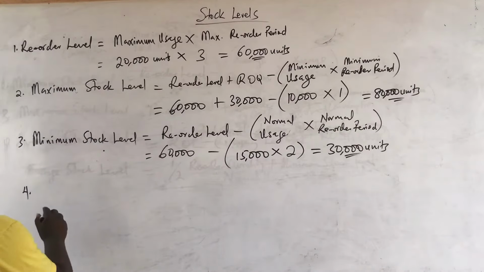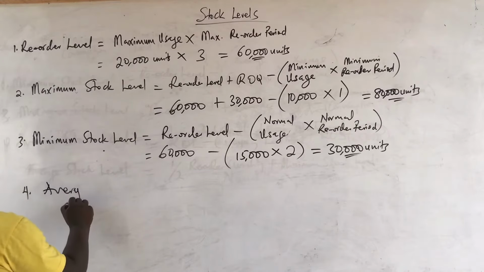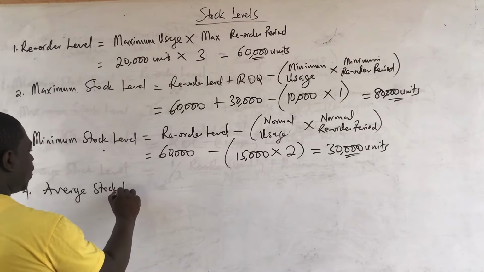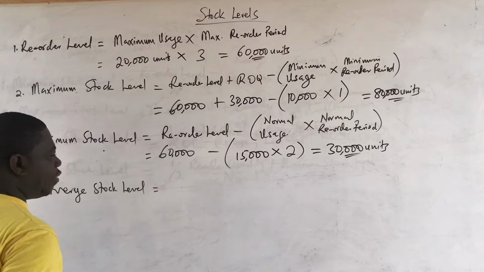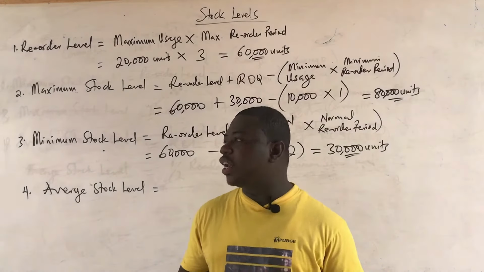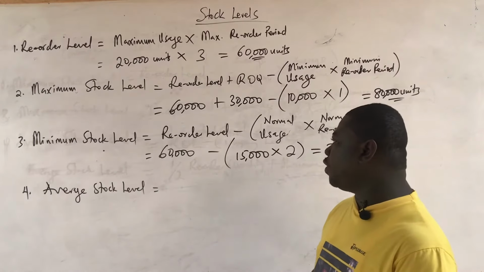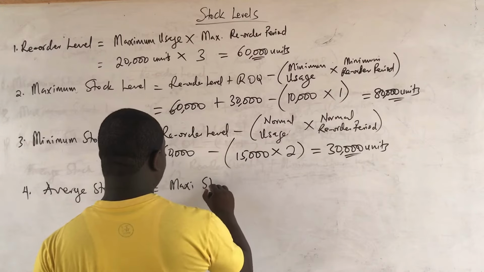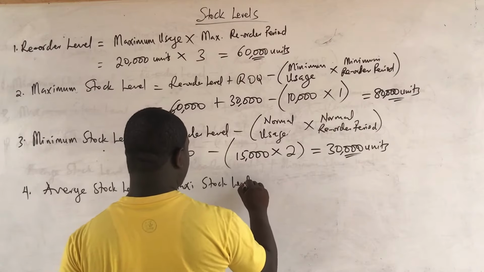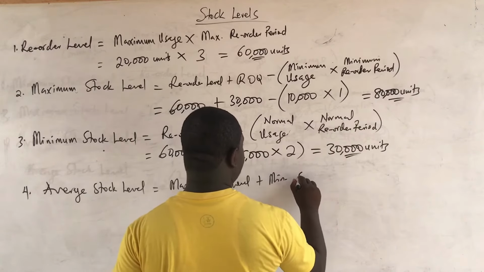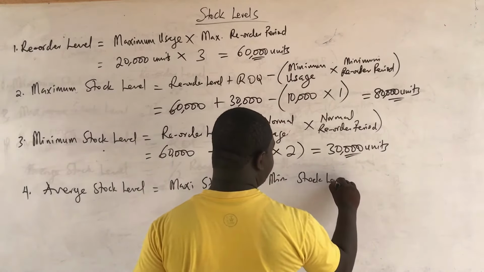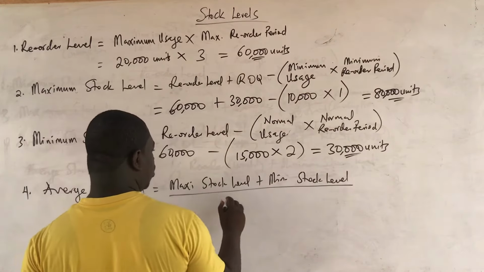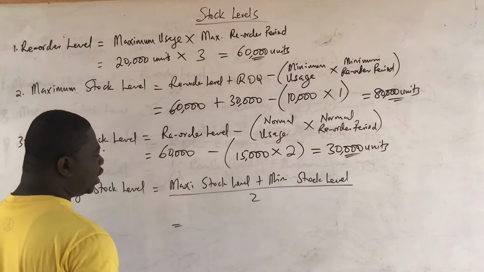And then the final requirement is to calculate the average stock level. The average stock level is also given as your maximum plus minimum over 2. So maximum stock level plus your minimum stock level all over 2. So we put in our figures.